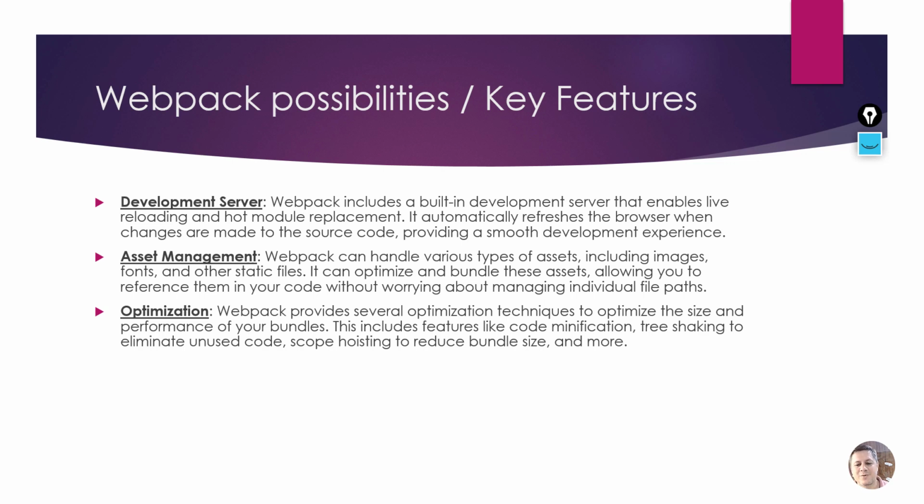You might have heard about the concept of tree shaking. Tree shaking is a very important aspect in terms of handling unused code. If there is unused code in your whole bundle, application, it will remove that code because it has the power to check if that code is used or not. So while bundling, it will remove that.